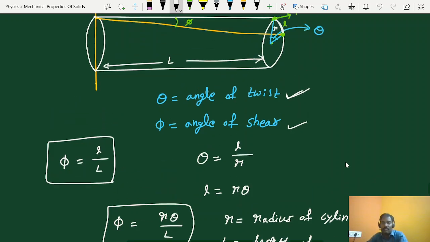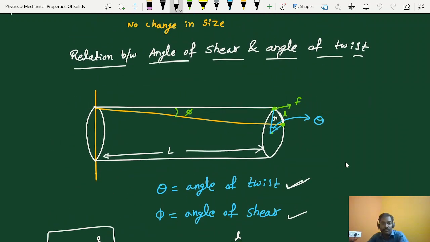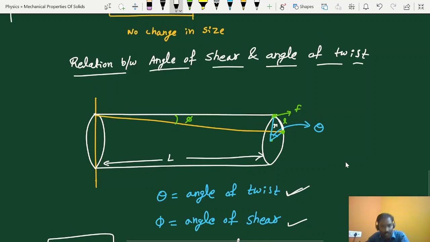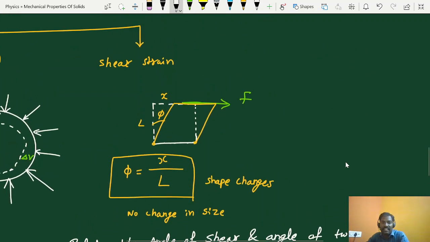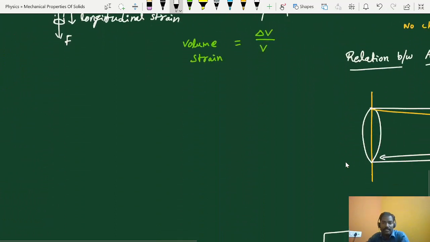So this is the relation between angle of twist and angle of shear. So these are different types of stress and strain. Let us discuss a few example questions based on these concepts.